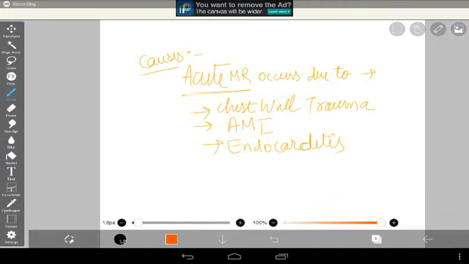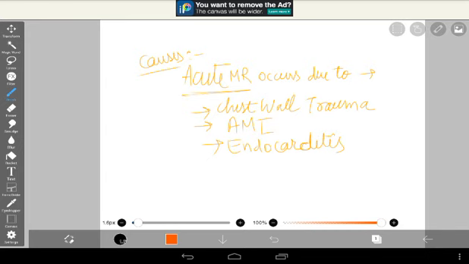Now, acute mitral regurgitation occurs in chest wall trauma. Whenever there is trauma to the chest wall, it also occurs in acute myocardial infarction, that is, in papillary muscle dysfunction and rupture of the chordae tendineae. Acute mitral regurgitation also occurs in endocarditis, that is, inflammation of the endocardium.